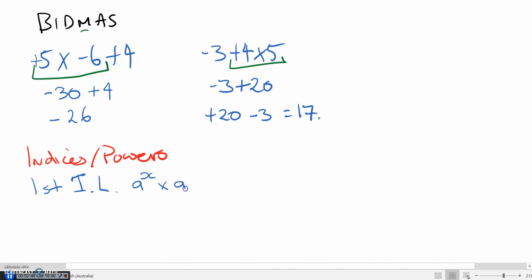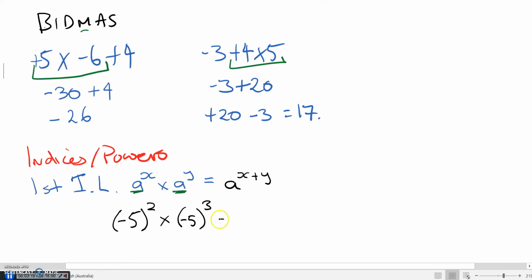Because the bases are the same and they're being multiplied, we take the base and add the two powers together, x plus y. As an actual example, -5 squared times -5 to the power of 3.